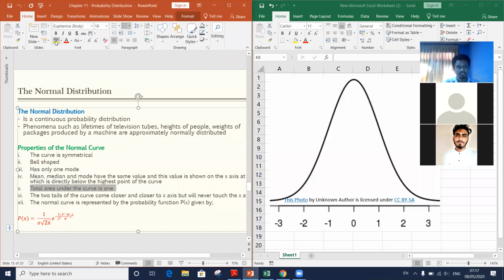What it says. The total area under the curve is 1, right? The total area under the curve is 1. මේ curve එකේ මෙන්න මේ area එක ගත්තොත් මේ area එක හැමතිස්සම සමාන වෙන්න ඕන කීයටද? එකට, right? The total area under the curve is 1.